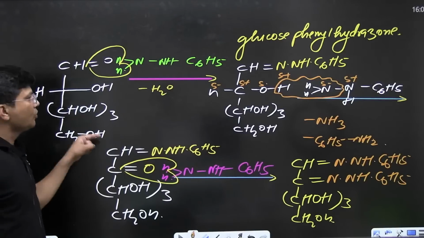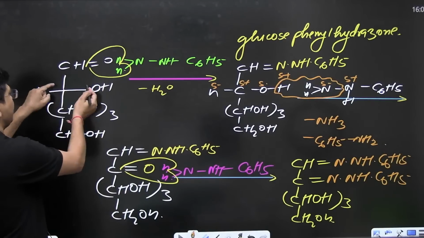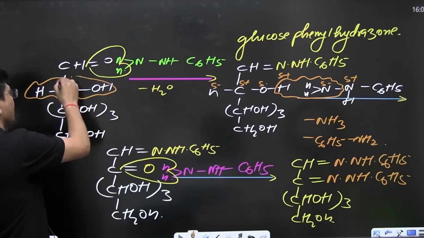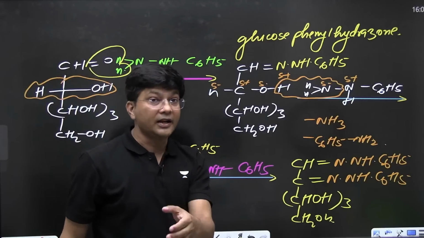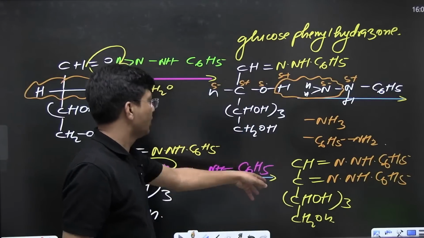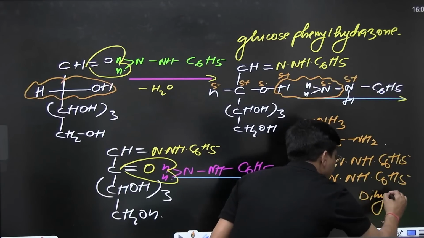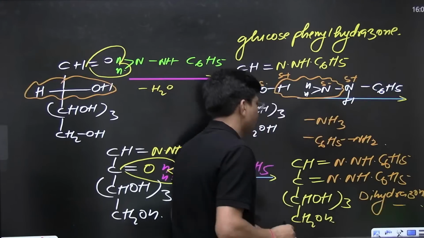So why glucose, fructose and mannose? Because mannose differs at this carbon and fructose also differs at the second carbon only, and the second carbon is consumed in this reaction. So either you can say it is osazone or you can call it dihydrazone. Also you can call it dihydrazone, where hydrazine has converted to zone, phenyl hydrazine.